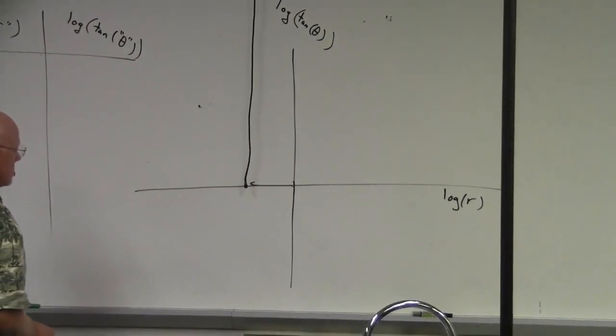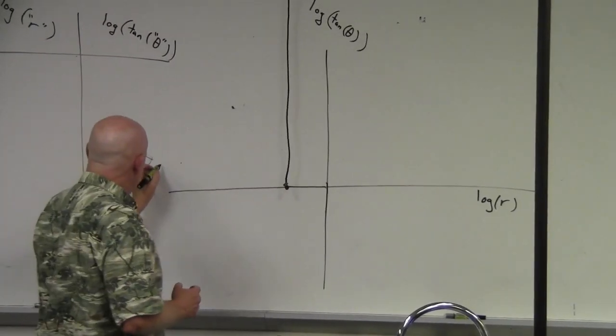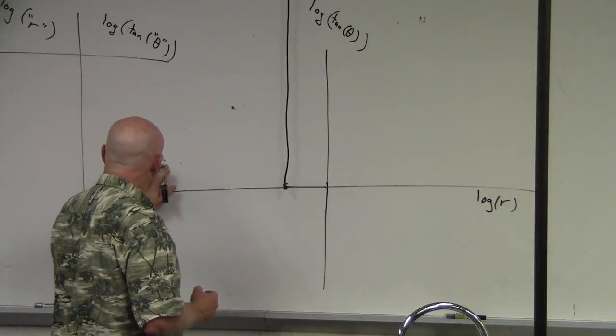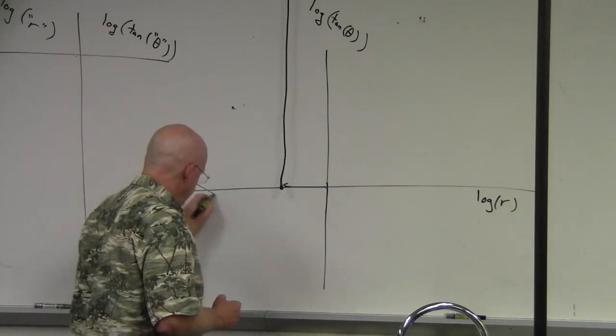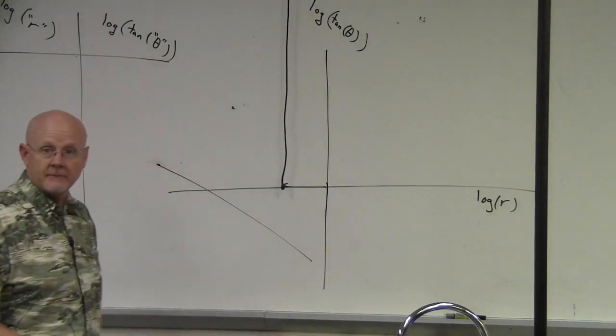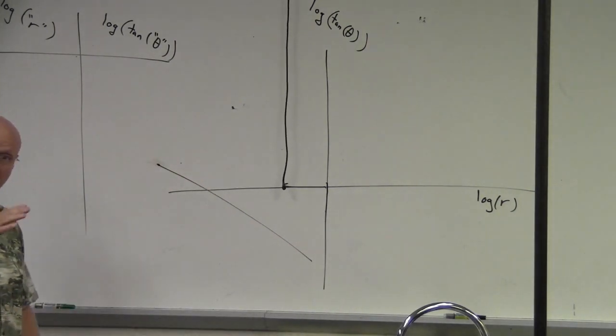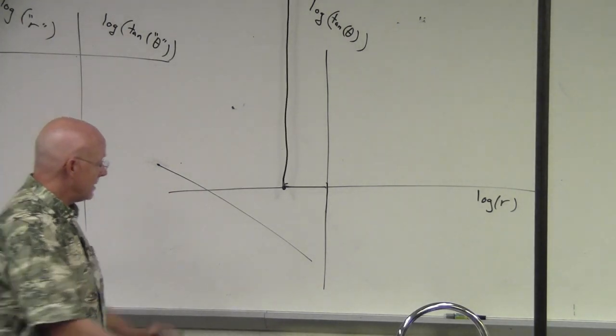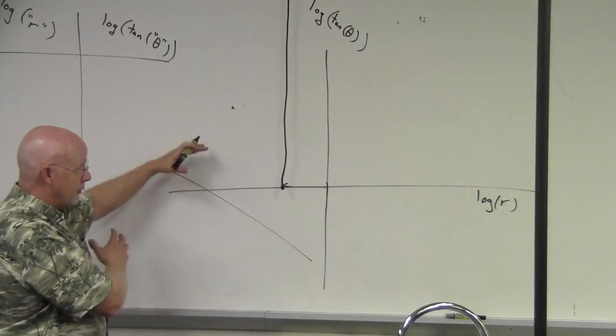Okay? So I'm kind of thinking that I'm going to see something roughly like that. A line, slope of -2. It's all over here in the second and third quadrant.